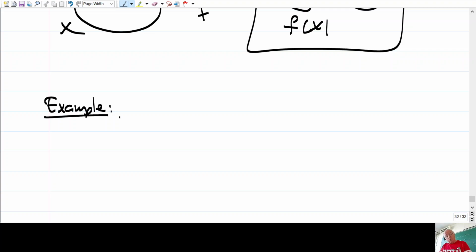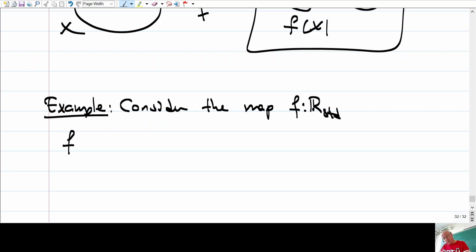Okay, now consider the map f from R standard into R2 standard described as below.